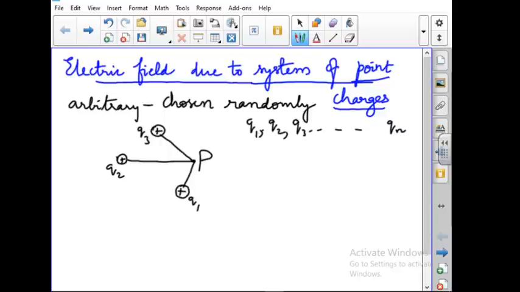So each and every charge will produce an electric field at the point P. So what is the total electric field? It is given by E total, E vector. That is the resultant electric field is equal to the vector sum of the electric fields due to individual charges.